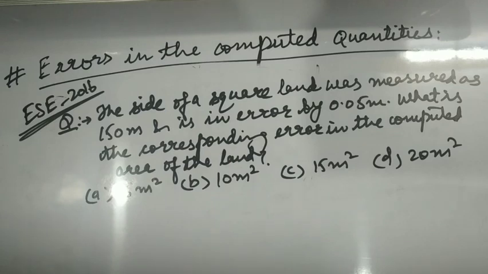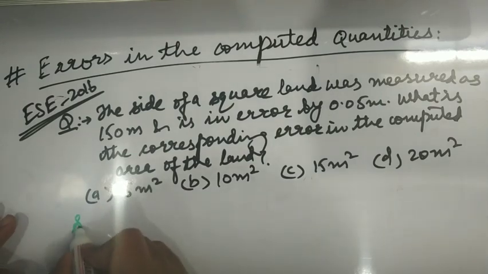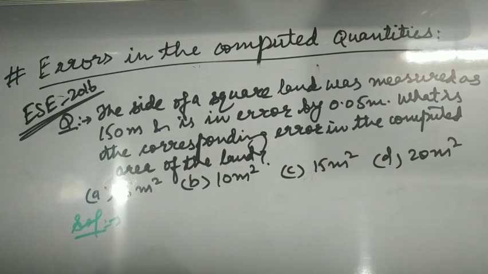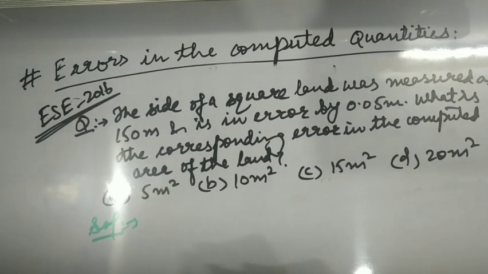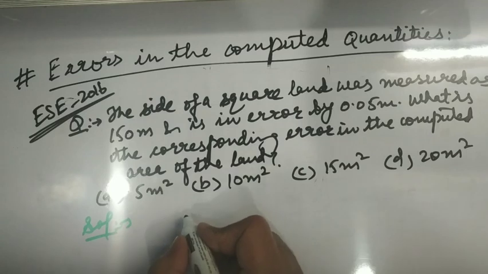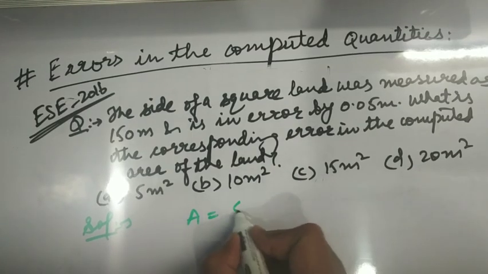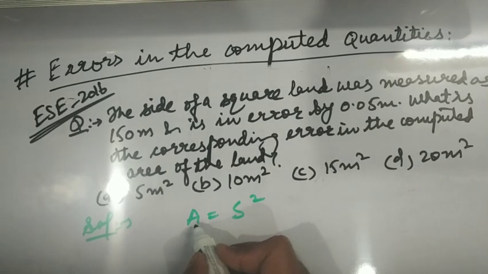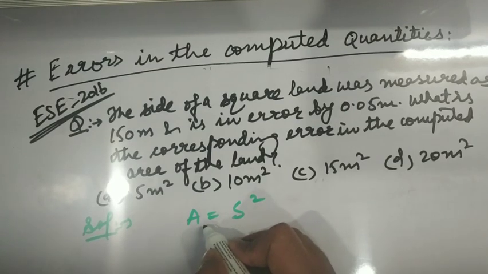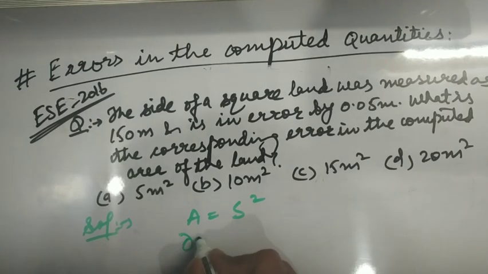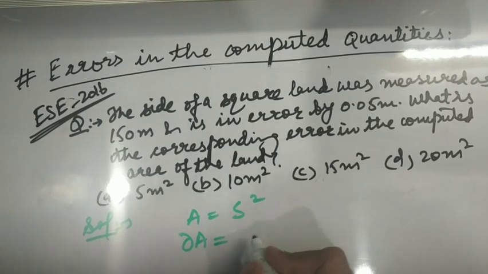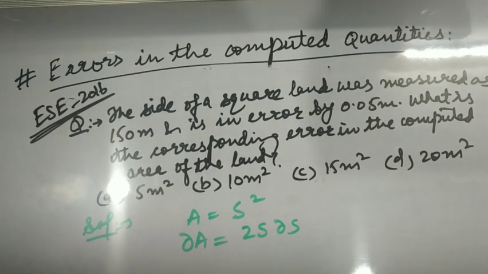See, it's a very easy numerical. What we'll do, we'll simply use the formula of area. We know that the area of square is side square. If I denote the area of square with A and side of square with S, then the formula of area will be side square. Now, if I differentiate both sides partially, we get this.